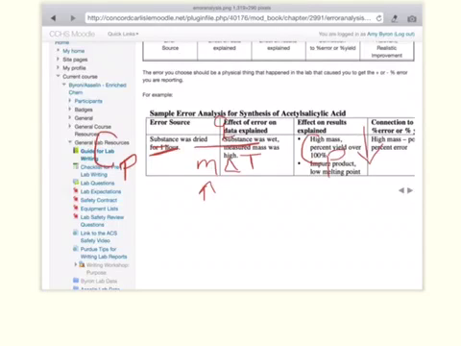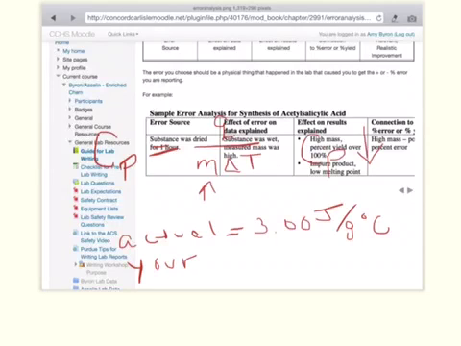Now this could be a good thing, right? Because let's say the actual specific heat was, I don't know, 3 joules per gram degree C, but your value ended up being 3.46 joules per gram degree C. I'm just making stuff up here.